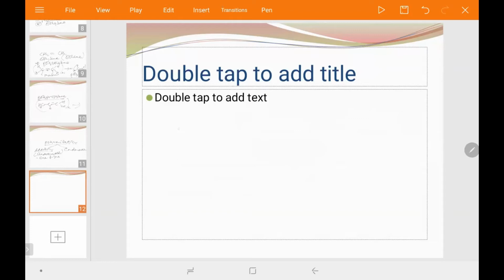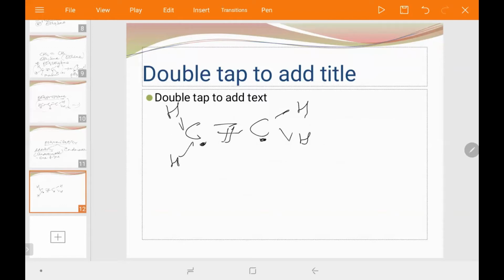As you have seen before, in ethylene, CH2, in addition reaction, this bond is the one that breaks. As the result of the breaking down of this bond, what will happen? These two carbons have an active site.